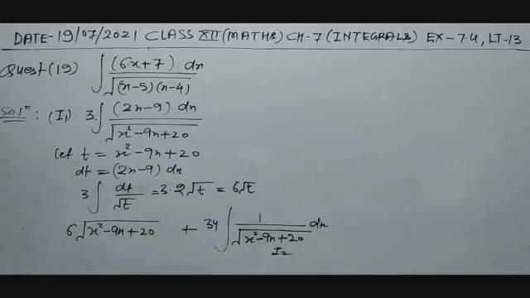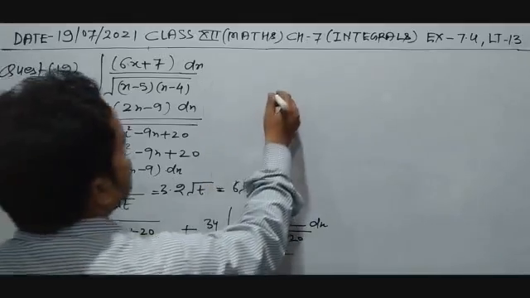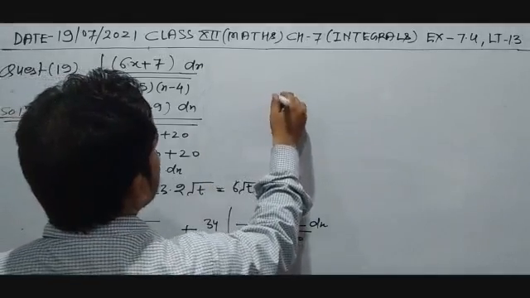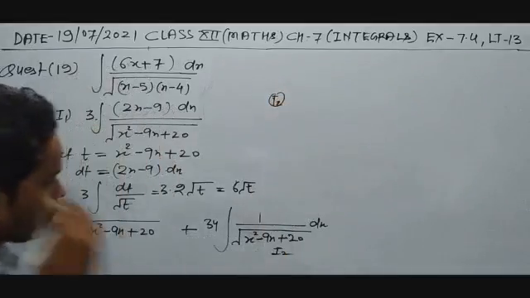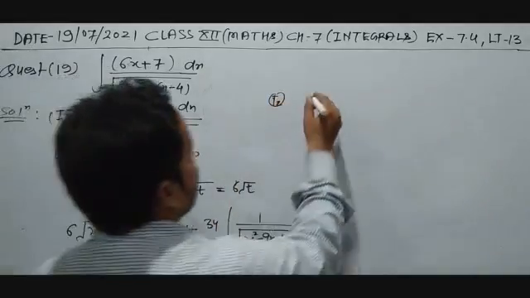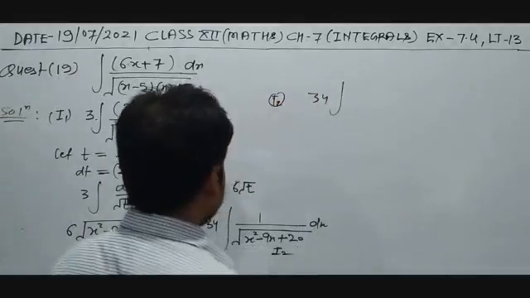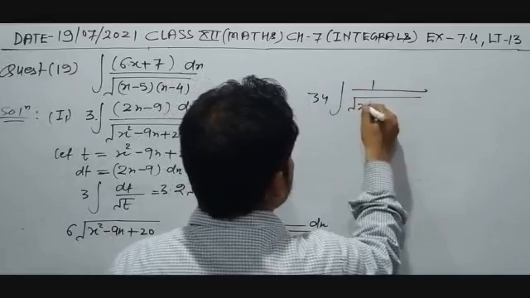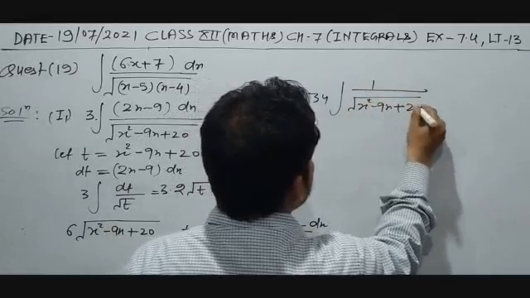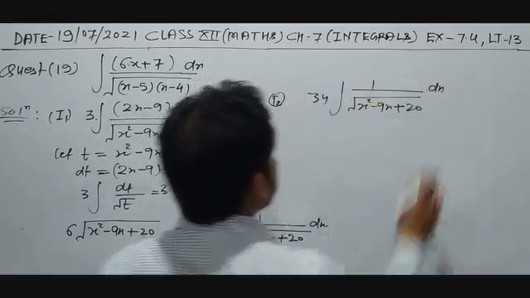Now we have to integrate the second part. Second part integral I2 is 34 times the integral of 1 upon root over x² − 9x + 20 dx.